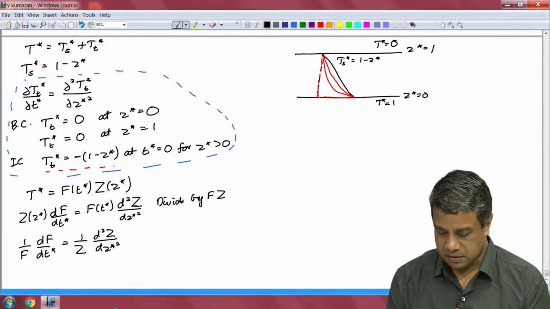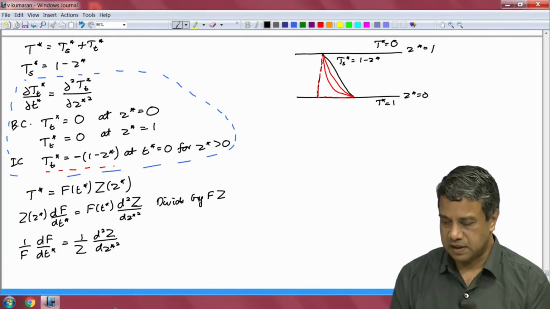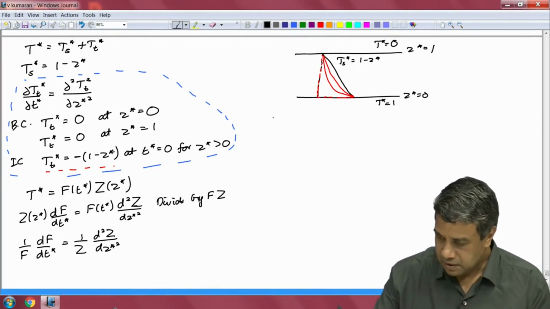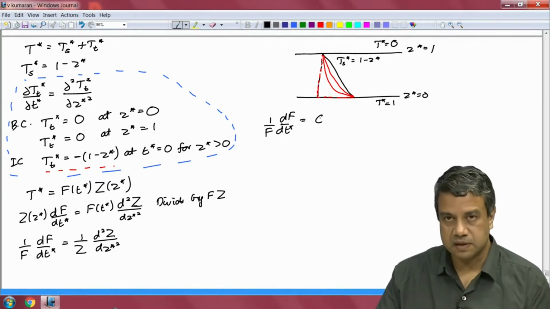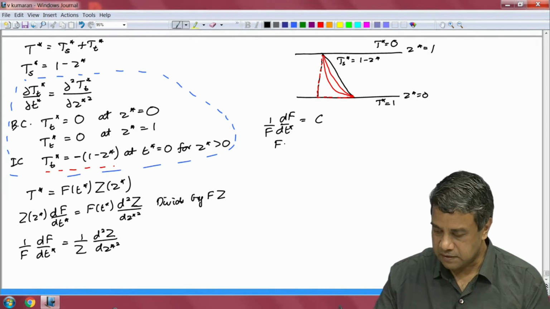So, you can see that on the left side I have an equation of the form 1 by f df by dt is equal to some constant. The solution for that is log f.